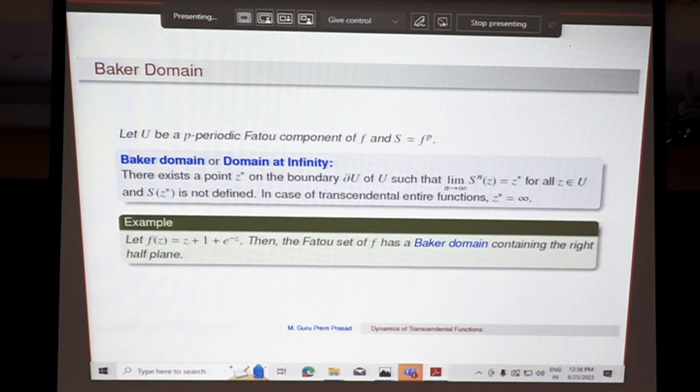So, polynomials do not have a Baker domain. But in case of a transcendental entire function, there is a possibility that infinity becomes an essential singularity, so that the function is not defined. So, the Baker domain is possible for transcendental functions, but it is not possible for polynomials. The first example is z plus 1 e power minus z, which has a Baker domain, a domain at infinity, given by Baker. Later on in honor of him we call it Baker domain.